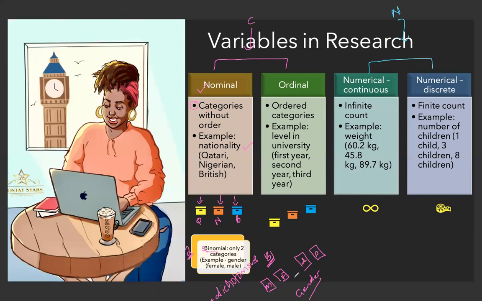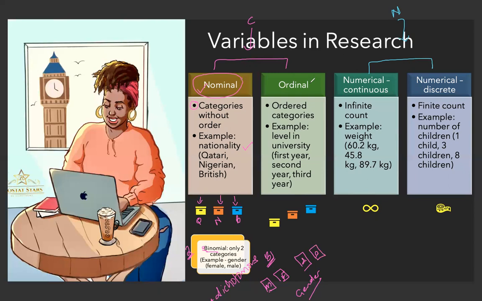So there's only two possible categories. The whole idea is if the variable you're measuring has only two possible categories, it's nominal, yes, because the categories don't have any order, but it's binomial because there's only two possible categories. So this is about the nominal categorical variable.